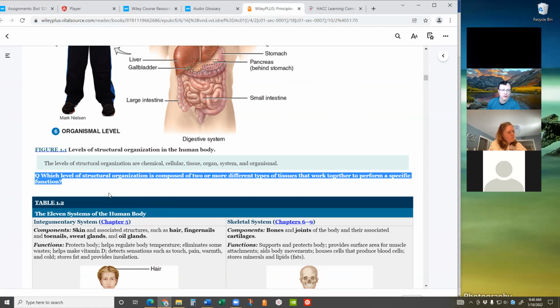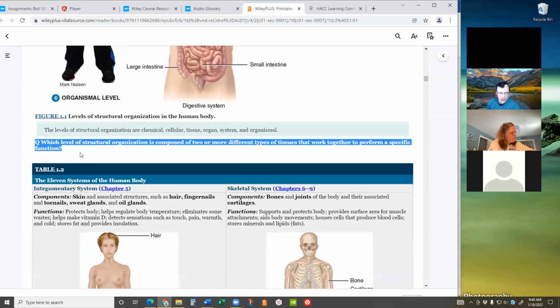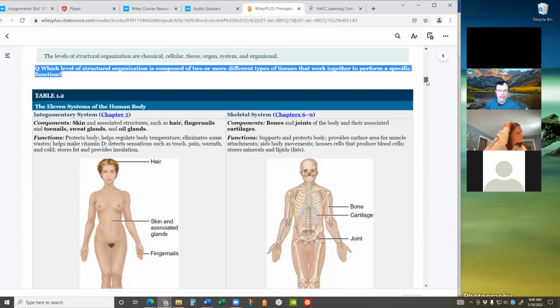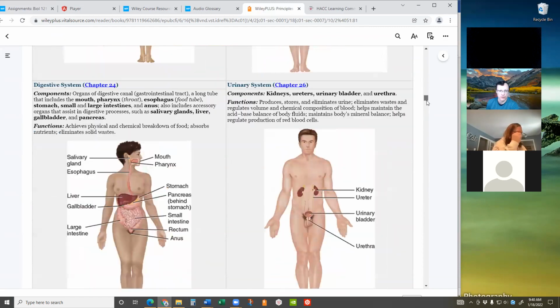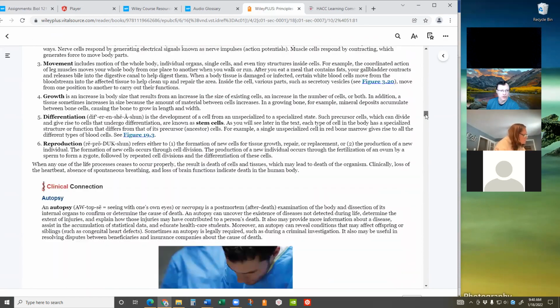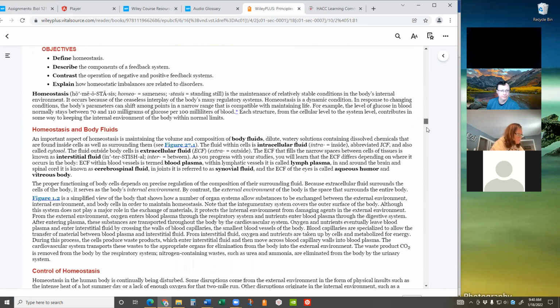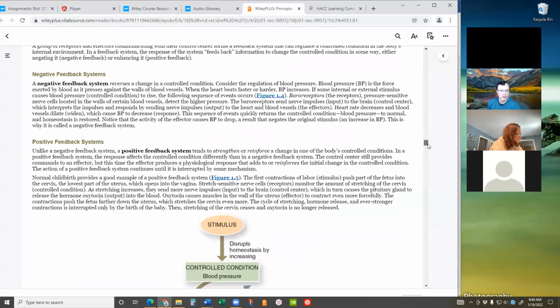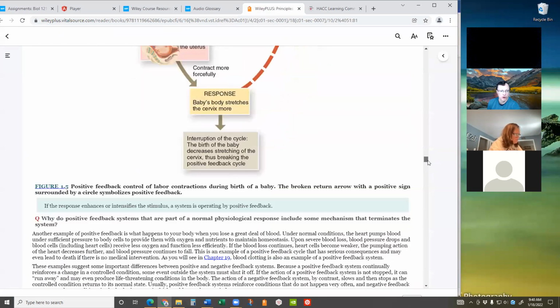So, here's our first question. Which level of structural organization is composed of two or more different types of tissues that work together to perform a specific function? Let's go to the end of chapter 1 and see if we can find the answers to the figure questions. Okay, so I'm just going to do that. We want to go to the end of chapter 1.